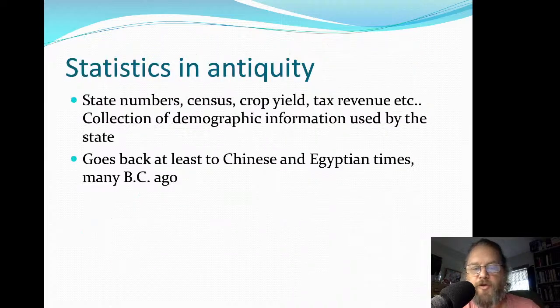Okay, so as I mentioned, statistics in the olden days is about state information, state numbers. Okay, it's not just a European and British thing. It goes back to, and probably was present in Incan and Mayan times as well.